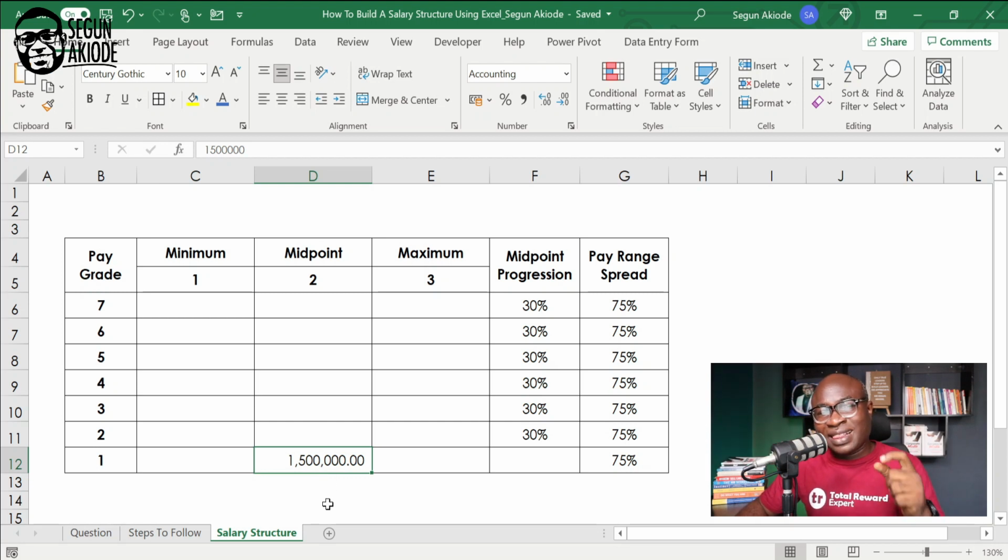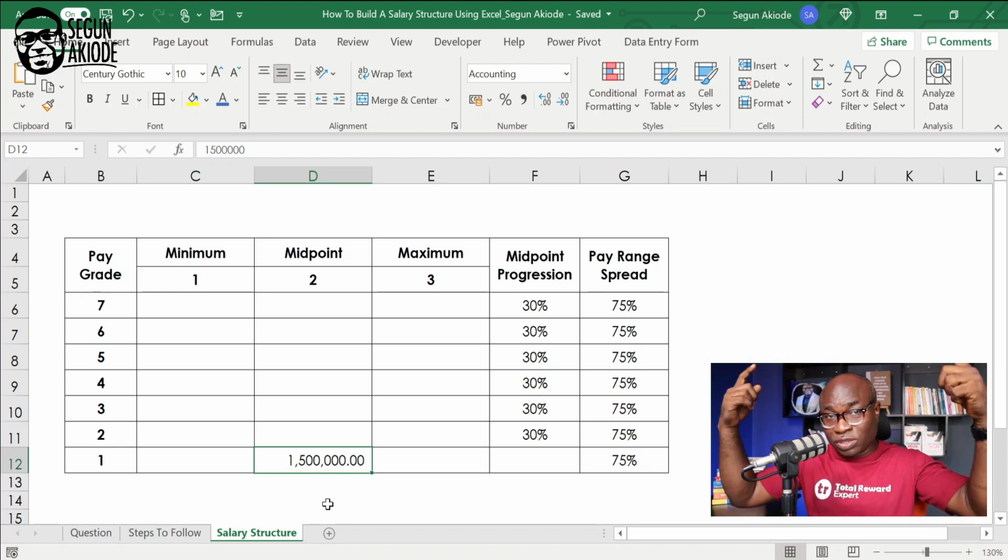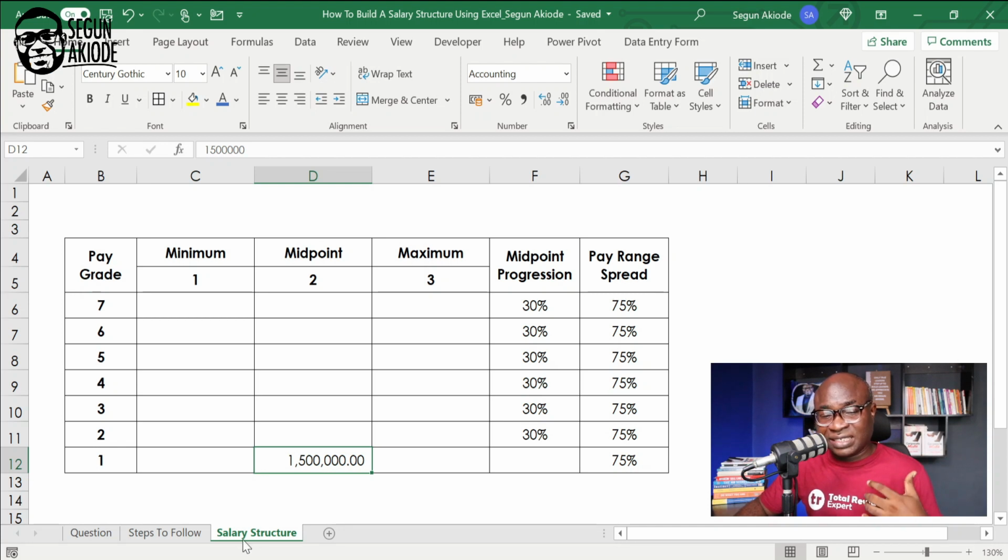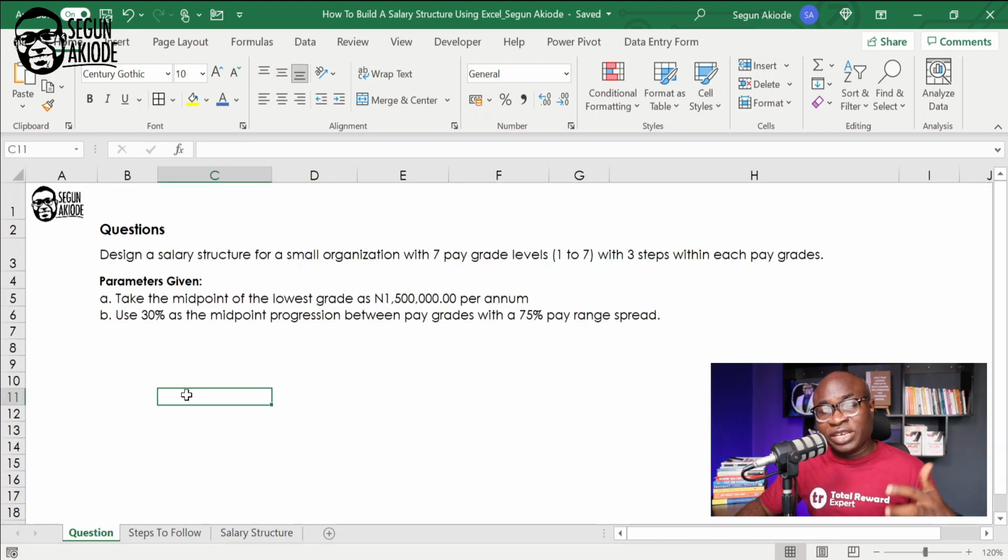Now we are taking that as our anchor point, which means we would build from the lowest grade to the 7th grade in this scenario. The question also gives additional information: use 30% as the midpoint progression between pay grades with a 75% pay range spread.